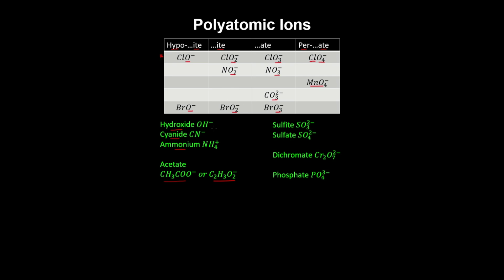So all of these polyatomic ions have single charges, with ammonium being the only one that has a positive charge, and the sulfate ion with the most number of oxygens has a name that ends in ate, followed by sulfite with 3 oxygens. And similarly, dichromate has a 2- charge, and phosphate has a 3- charge.